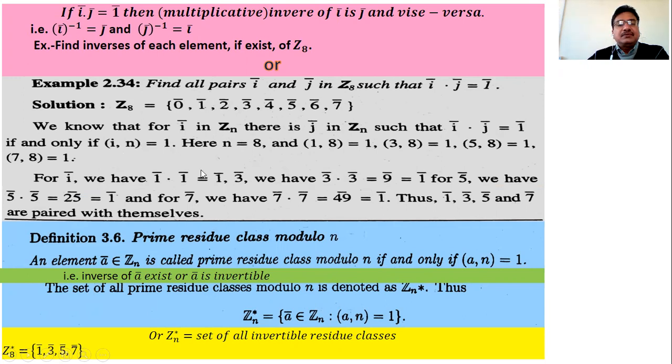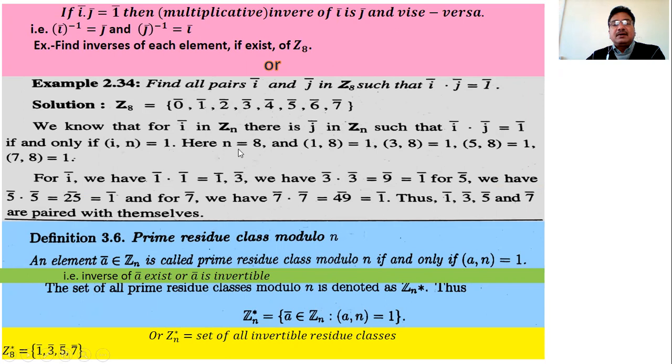Otherwise, you find it by using these pairs, or by drawing the table. If the same question is for Z6 or Z7, then use the table.